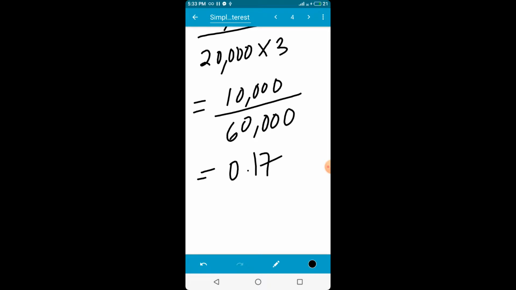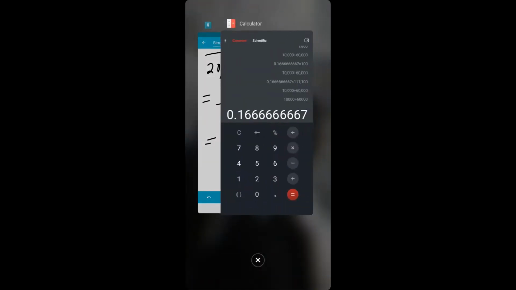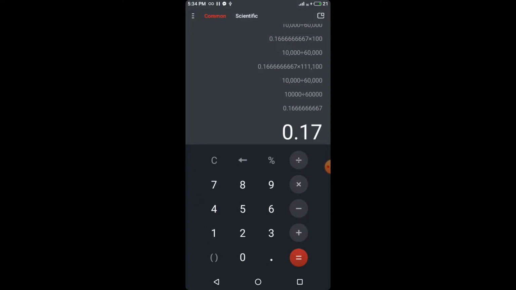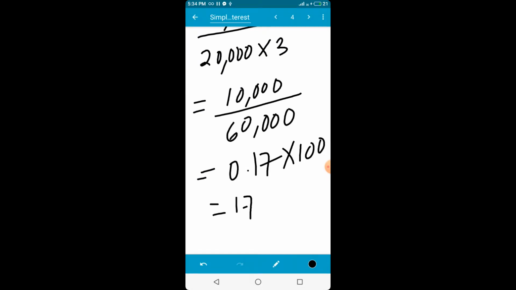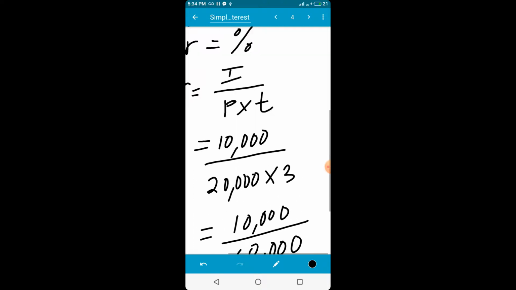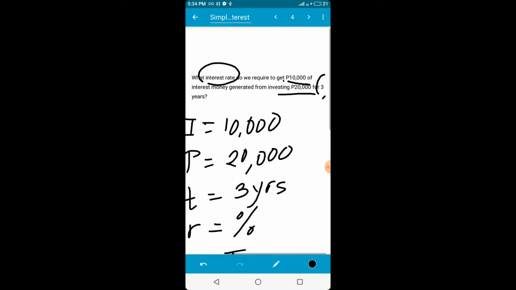Since the interest rate is what we are looking for, we should convert this into percent by multiplying it by 100. So, 0.17 times 100. The answer is 17%. So that is the interest rate needed to have 10,000 interest amount, or profit, when investing 20,000 for 3 years.